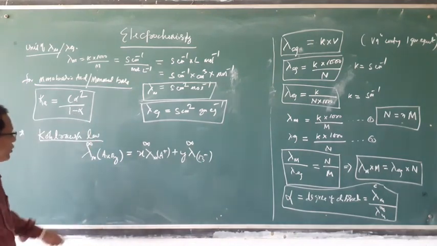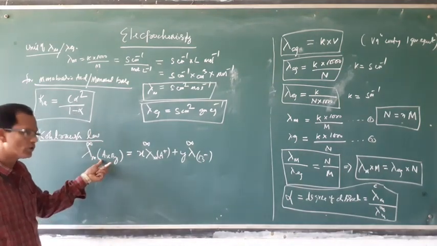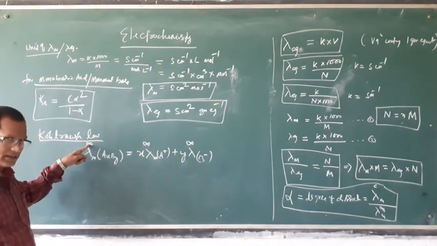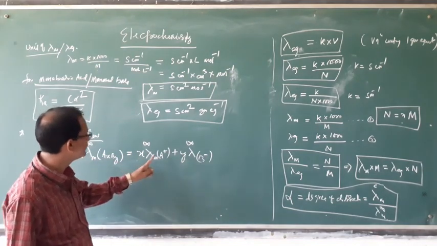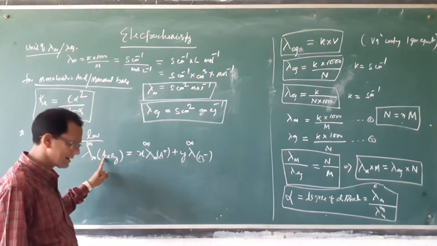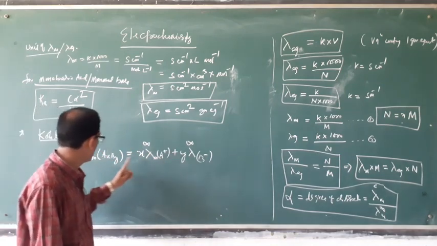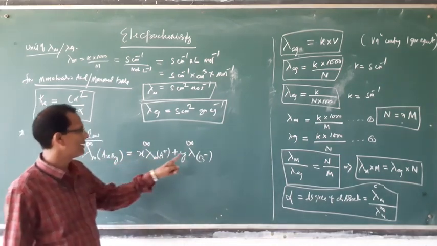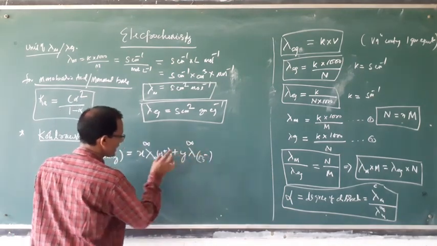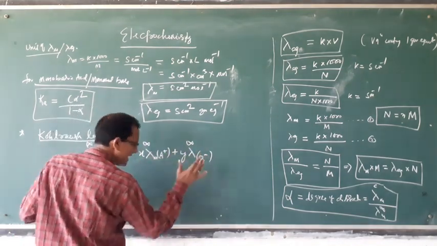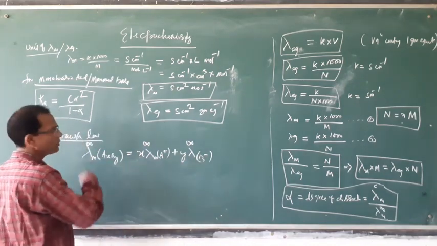That means conductance of any electrolyte at infinite dilution is equal to x times the conductance of the cation plus y times the conductance of the anion. Means the conductances of cation and anion will be added. That is called Kohlrausch's law.